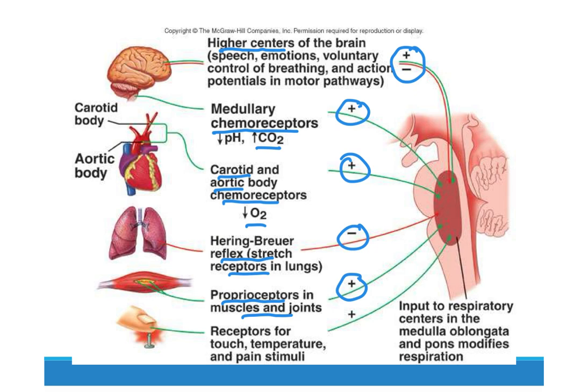And then, of course, because we can breathe faster when we're in pain or upset about something, the sensory receptors involved in touch or temperature or pain detection can also cause an increase in your breathing rate. And so these messages come from these various receptors to the respiratory centers in the brainstem, in the medulla oblongata and the pons, to make these changes in your breathing rate.